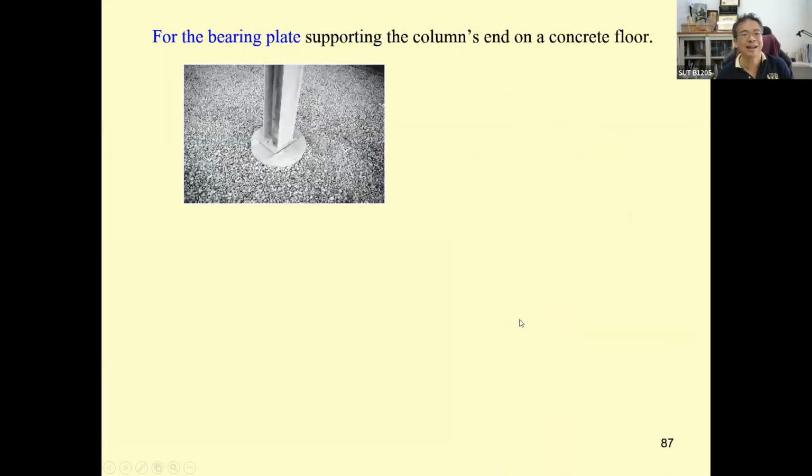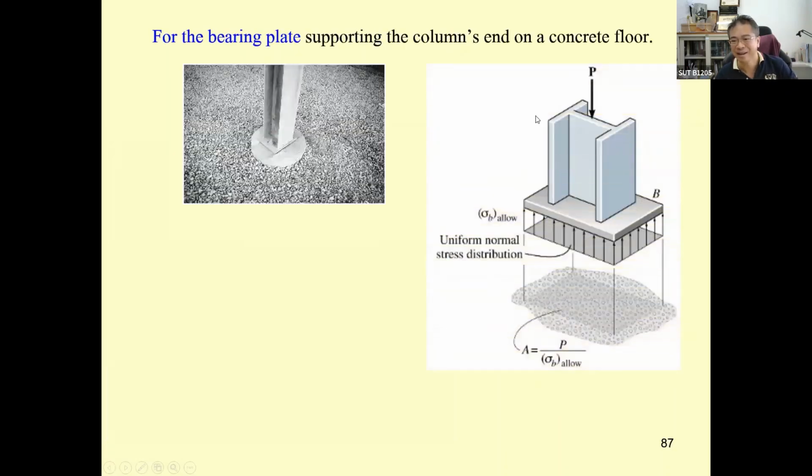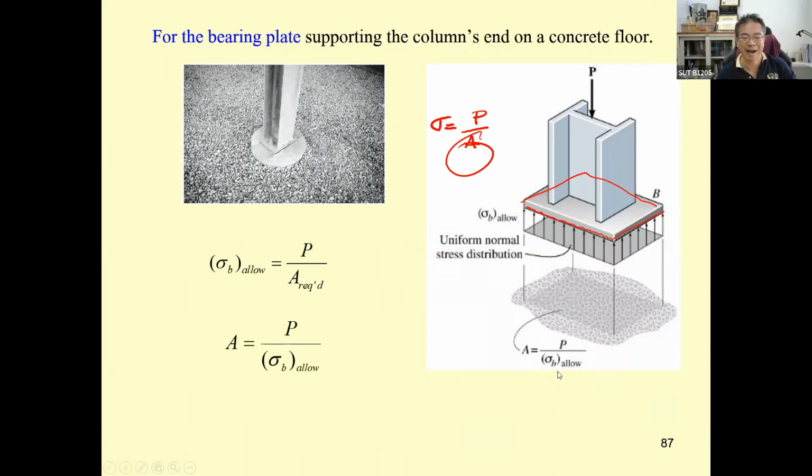And then this is the bearing stress that occurs on the plate. We just have stress over here equal to P over A. A of what? A of the plate, that is what we consider. And then we put A equal to P over sigma bearing. This is another one for the bearing.